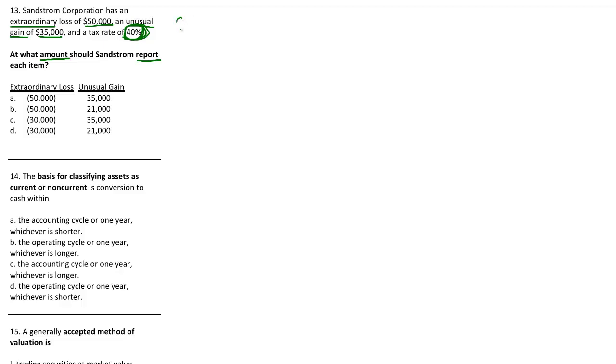Since we know that these separately reported items have to be recorded net of tax, they can't be recorded at their raw value. So it's not going to be 50, not going to be 35. Answer A is out and answer B is out, because that extraordinary loss can't be recorded at 50. In fact, we also know that C is out because our unusual gain cannot be recorded at 35. We have to record the tax impact of that as well.